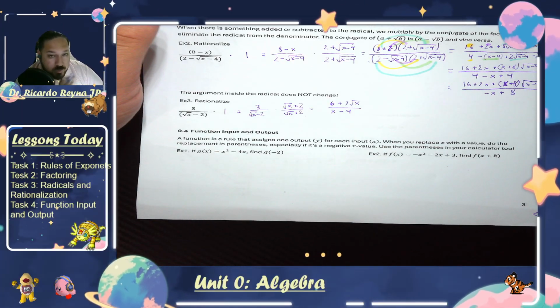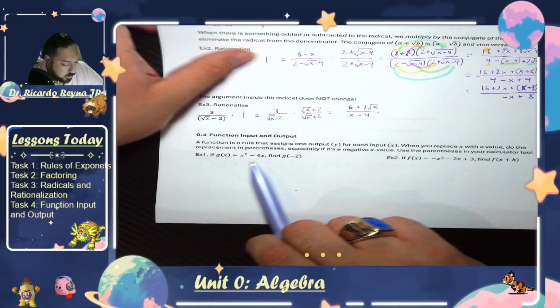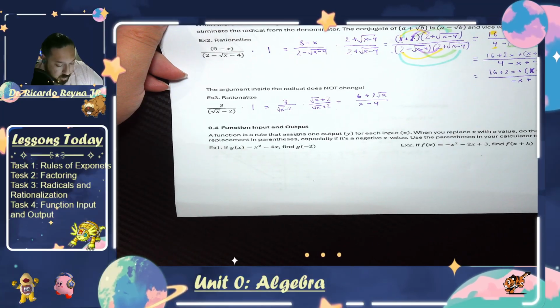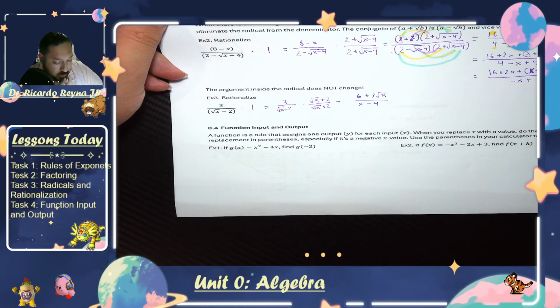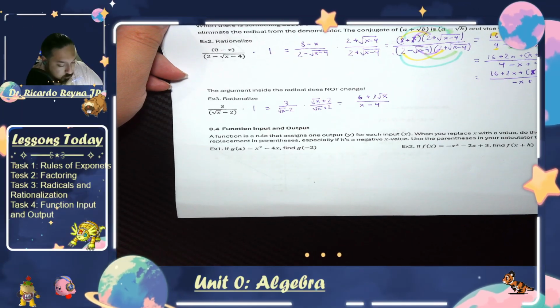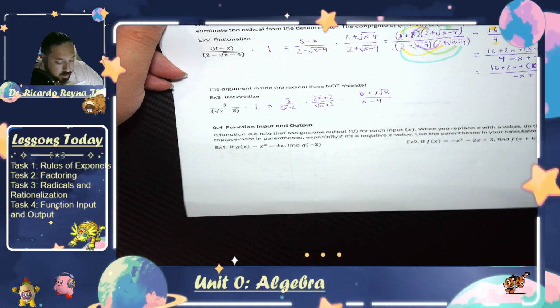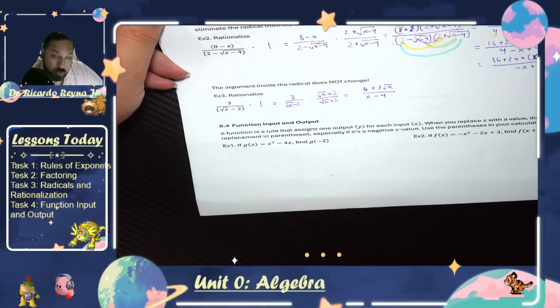So we're going to do first the base. Let me read this just in case. A function is a rule that assigns one output y for each input x. When you replace an x value, do the replacement in parentheses, especially if it's a negative value. Use the parentheses in your calculator as well.